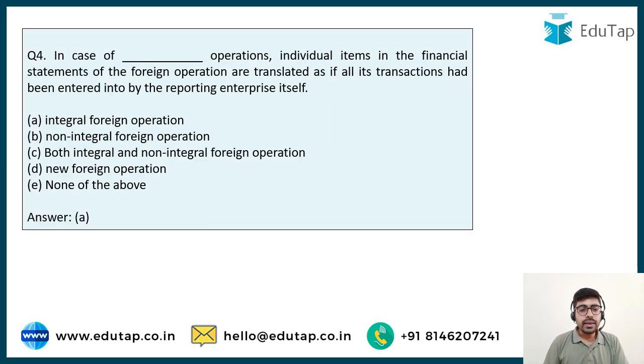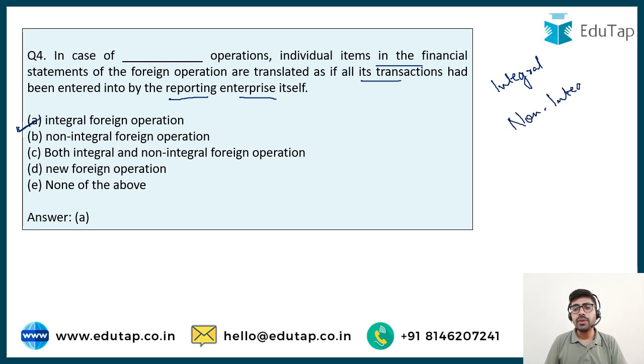So now we can easily answer this question that in case of integral foreign operation, individual items in the financial statements are translated as if all the transactions had been entered into by the reporting enterprise itself. So clearly the answer is option number A. We have understood about the integral and non-integral foreign operations, and we have understood how to translate the financial statements of these in the reporting currency.